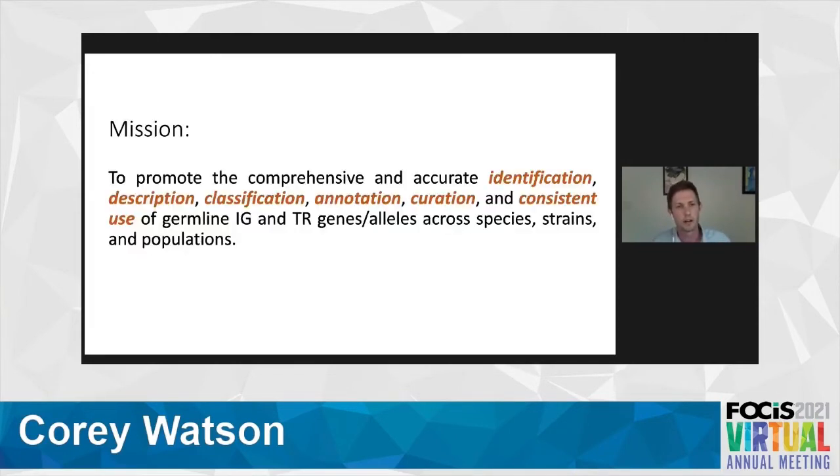One of our main missions is to promote the comprehensive and accurate identification, description, classification, annotation, curation, and consistent use of germline IG and TCR alleles across species, strains, and populations. This comes in many different flavors, but mainly it's about how we improve databases for these genes across species.